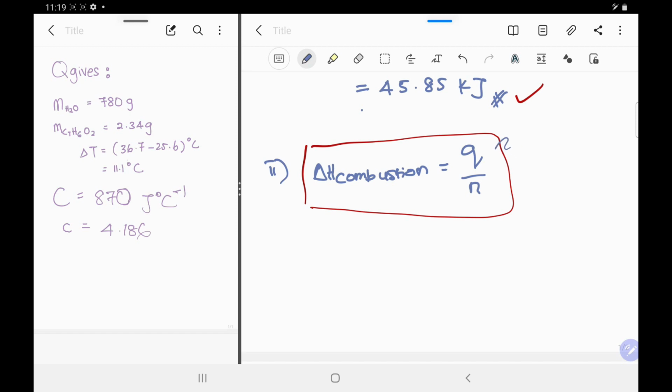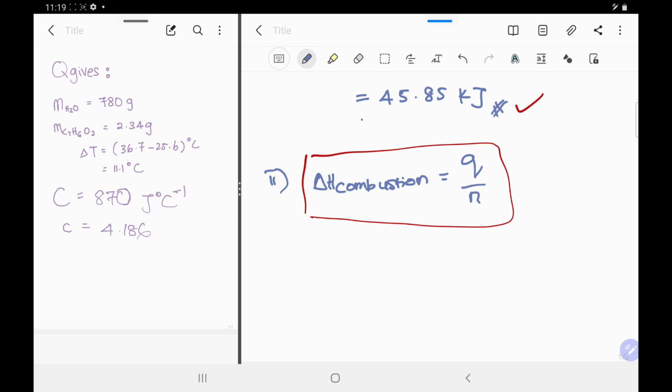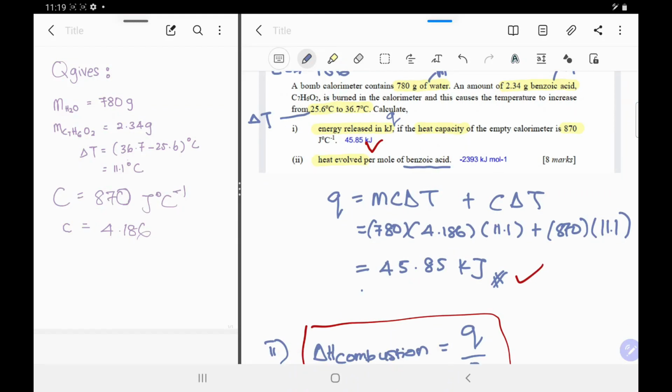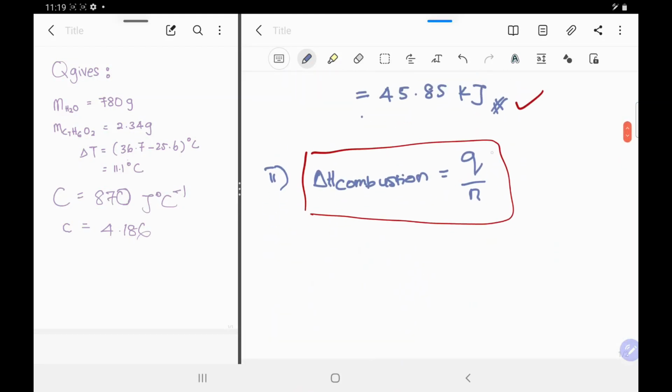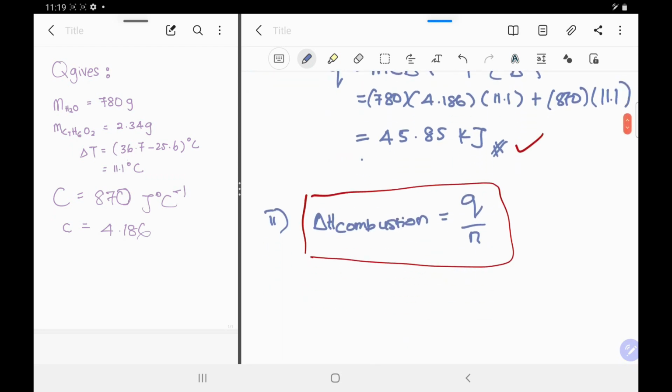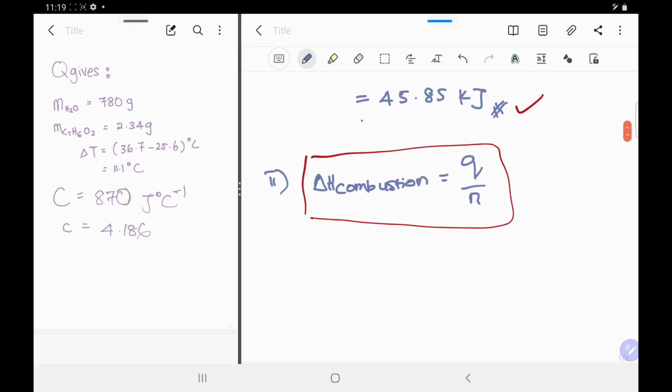Q here is referring to heat, and n down here is referring to moles of the substance, which here is benzoic acid. Q is already given. We already figured out Q from the first part, which is 45.85 kilojoule. So the only thing that we need to find now is the mole of benzoic acid.